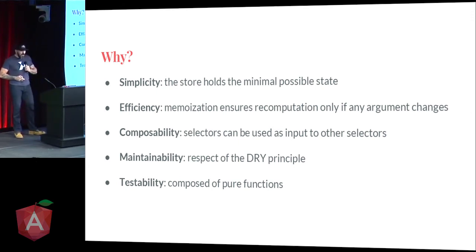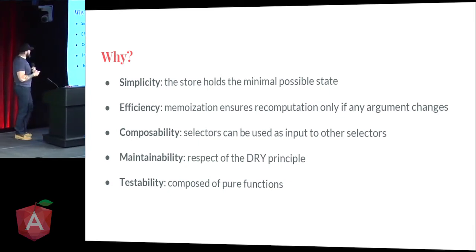So now you can start thinking that selectors could be a composition of multiple selectors. This is where you start to split your selectors into smaller pieces that are going to be much easier to actually test against.